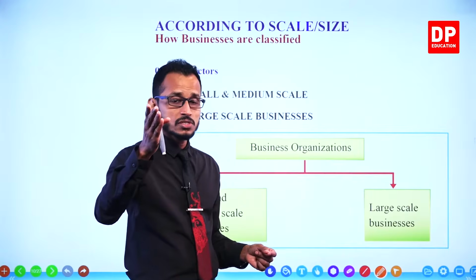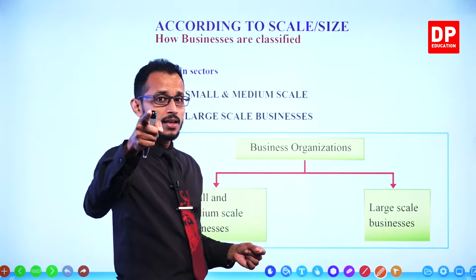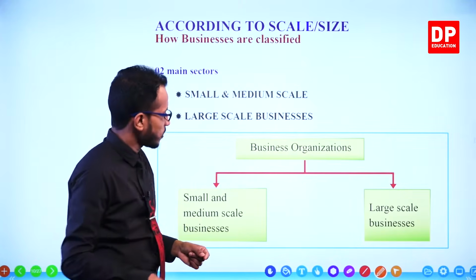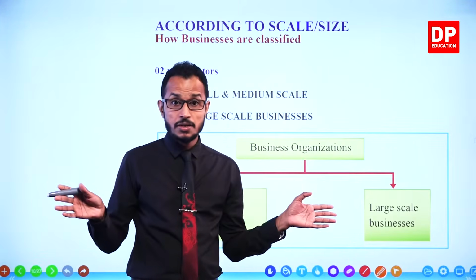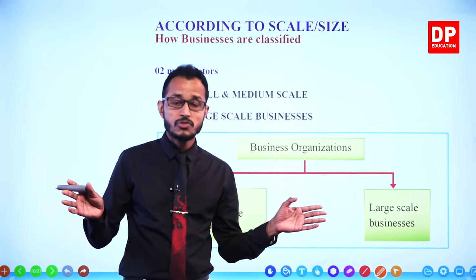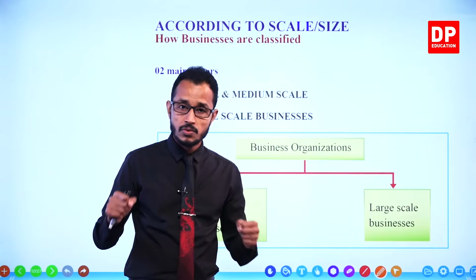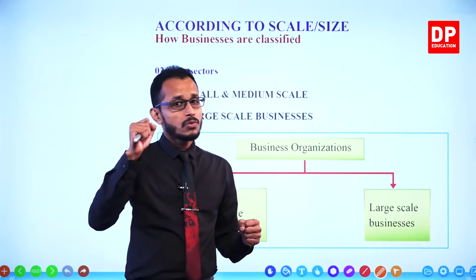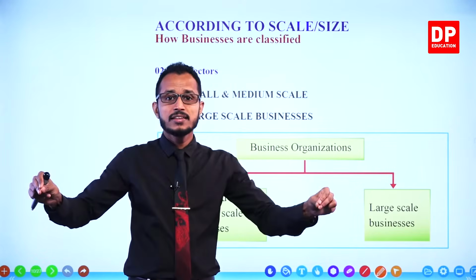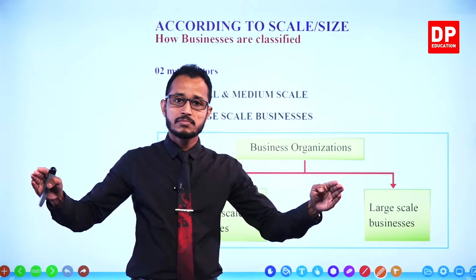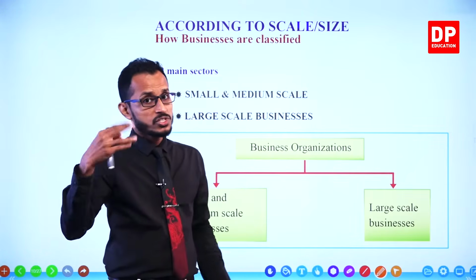Those organizations are called what? Partnerships. That's right. So we learned about different types of organizations, and we learned how business organizations are divided, using different criteria.